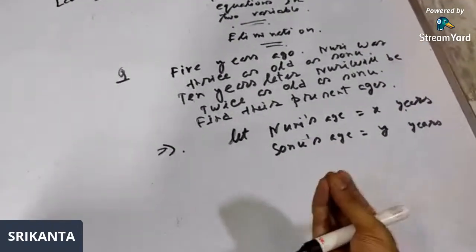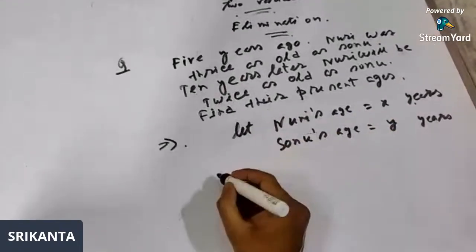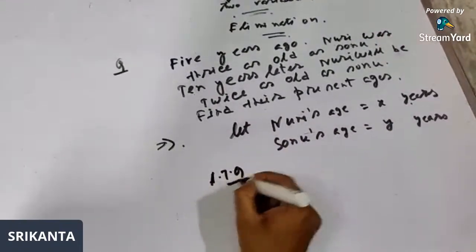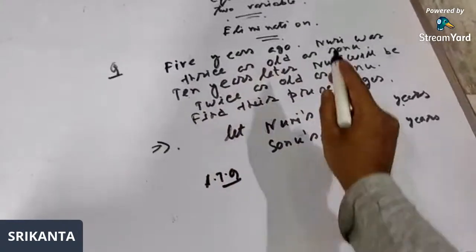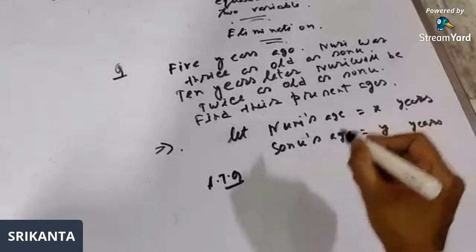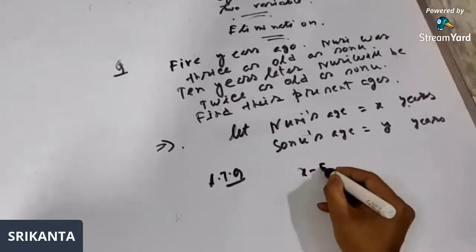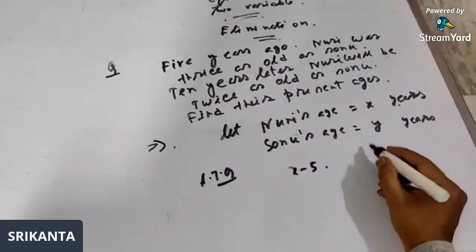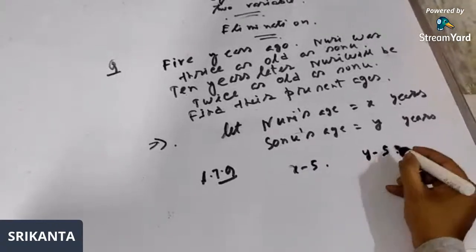So what you are doing? Minus. According to the question, 5 years ago, Nuri was thrice as old as Sonu. So 5 years ago, Nuri's age will be x minus 5, and Sonu's age will be y minus 5.